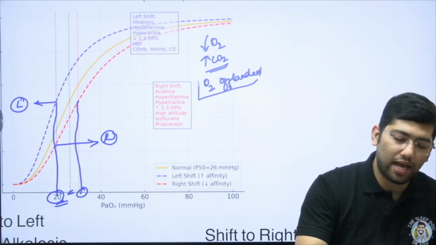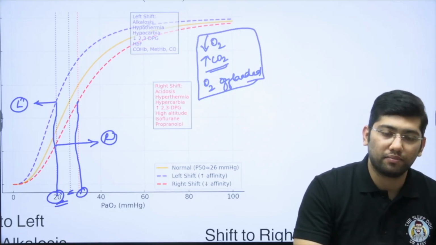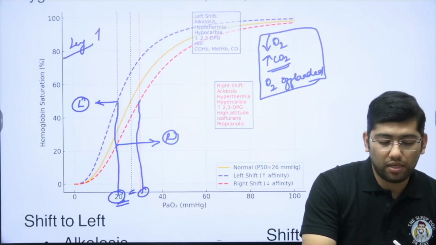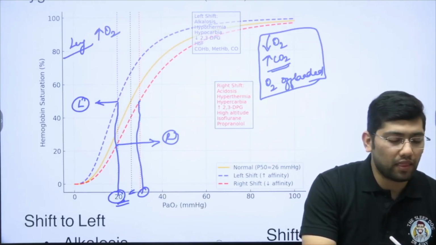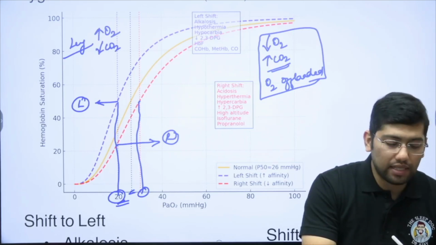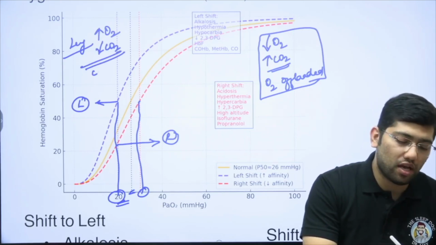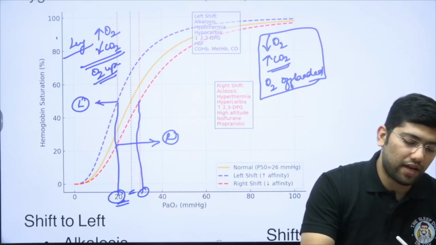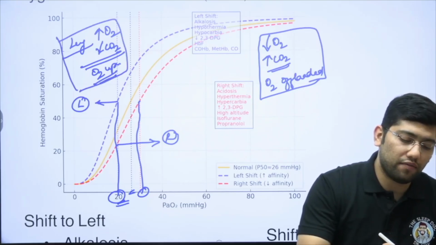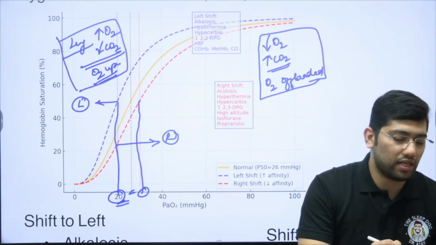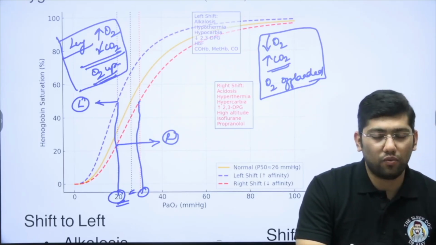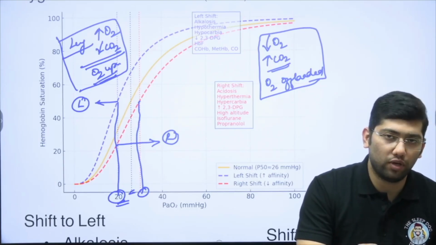This happens at the tissue site. Coming to the lung side, here the partial pressure of oxygen is more and carbon dioxide is less. This leads to oxygen uptake by hemoglobin. So the curve shifting to the left will result in oxygen uptake, and the curve shifting to the right would result in oxygen offloading.